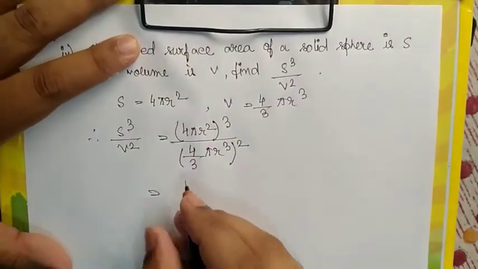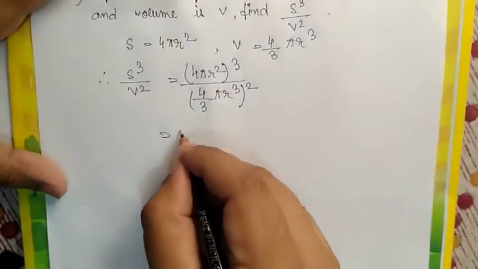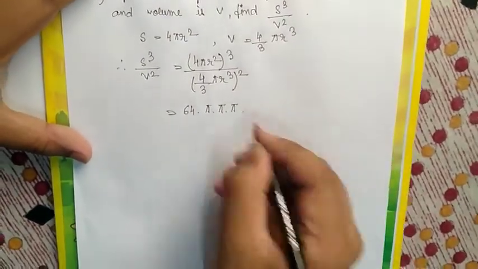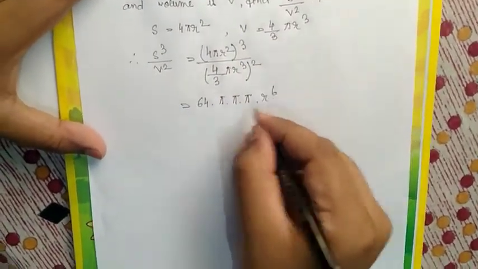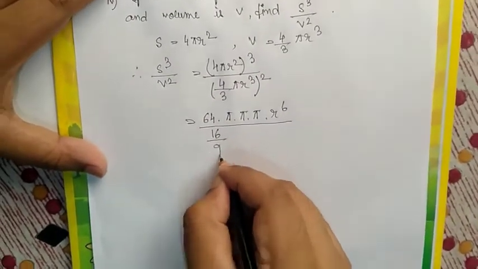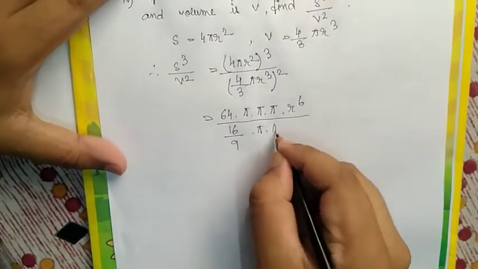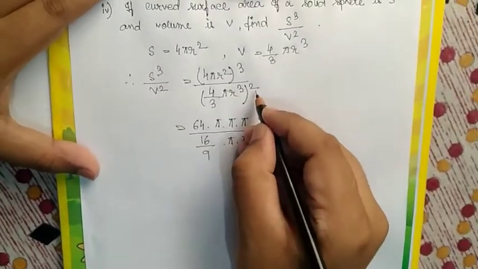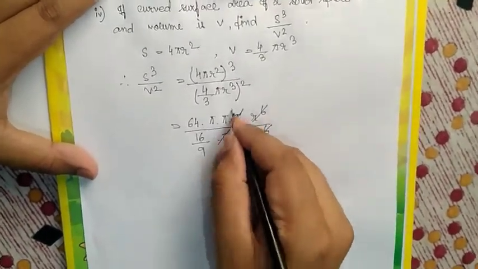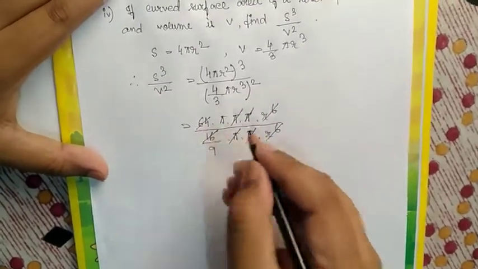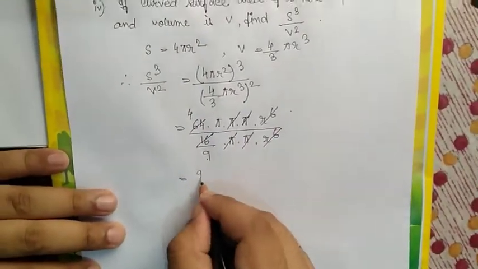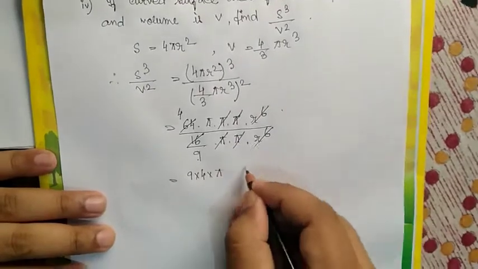Now 4 cube means 64. Pi into pi, r square cube means r to the power 6. 4 square means 16. 3 square means 9. Pi square means pi into pi. R cube whole square means r to the power 6. Eliminate those. Nine should be carried forward in the numerator. So therefore 9 into 4 into pi equal to 36 pi.